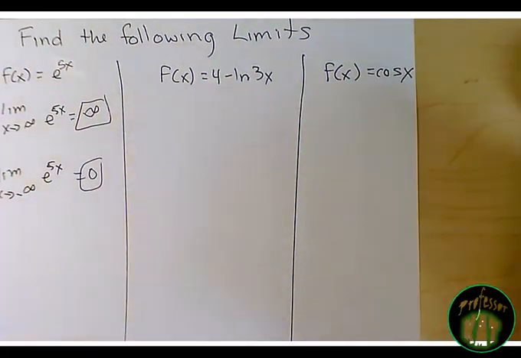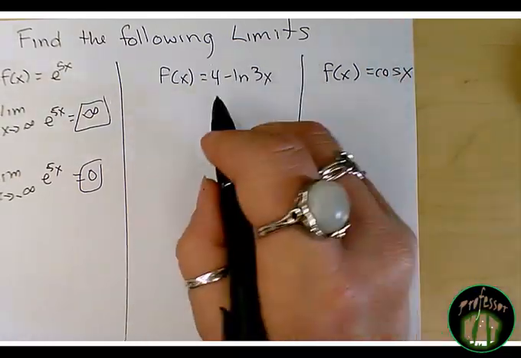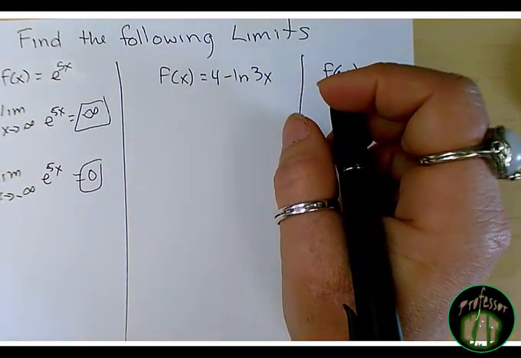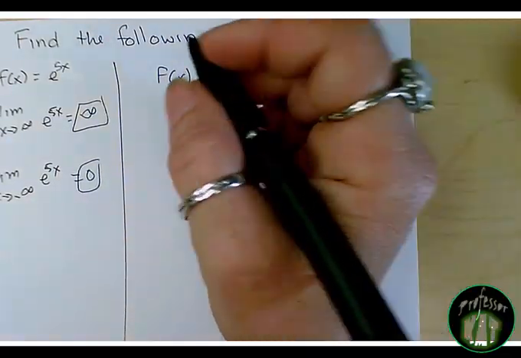For the next example, we're going to find the limit of 4 minus ln 3x.